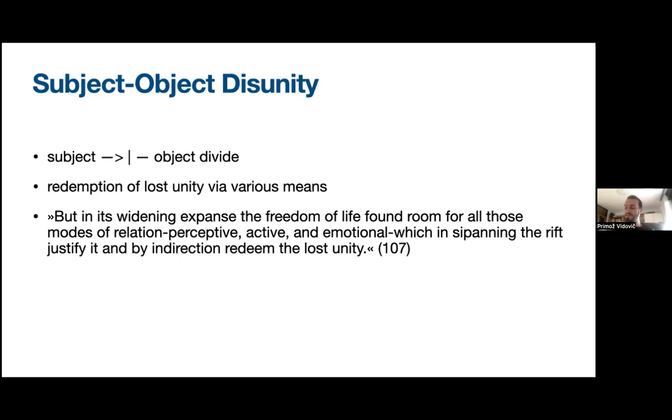There seems to be this gap between the organism and its environment, which it has to find various ways of coping with. It looks for various modes to deal with this, what Jonas calls this lost unity. And for example, emotions are one way of how it tries to bridge the challenges that emerge with its particular life form.